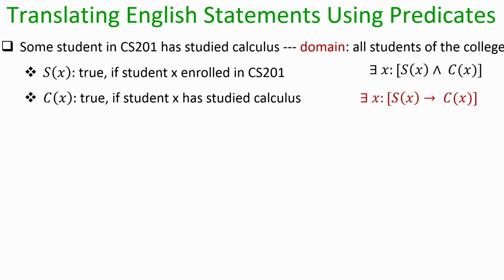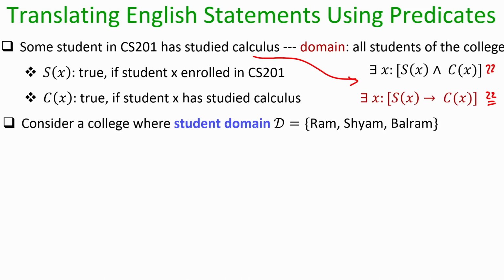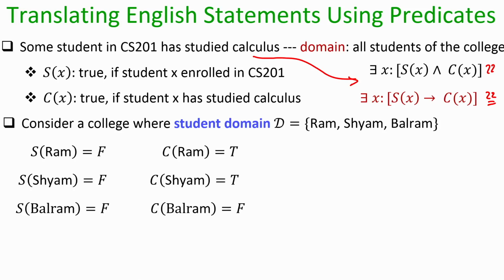To make my point more clear, our goal is to identify whether it is the first expression or the second expression which represents my assertion that some student in CS201 has studied calculus. Again, consider a college which has 3 students, Ram, Shyam and Balram, and say none of the students has enrolled for CS201, and only Ram and Shyam have studied calculus while Balram has not.